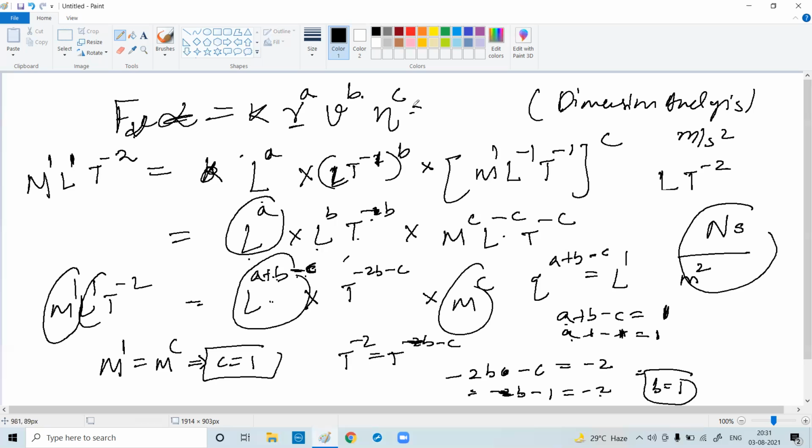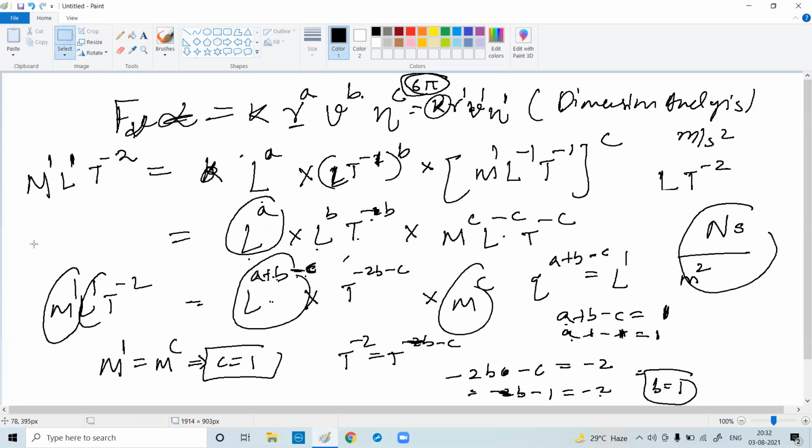So now we have the formula K R1, velocity 1 and eta 1. And what is this K? This K is nothing but 6 pi, experimentally. Experimentally the value comes to be 6 pi. So your final expression is FV equal to 6 pi R V eta. You can write it down, guys. This is not there in any book.